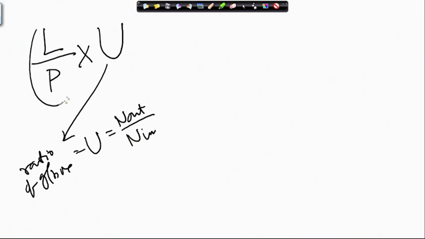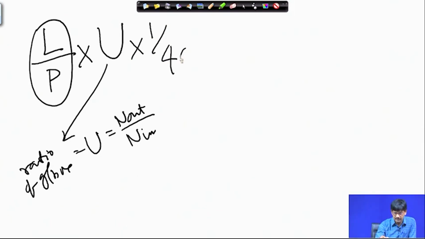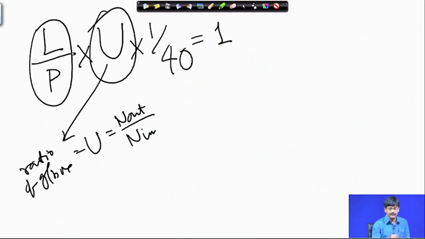This is the input. So, this multiplied by this will give you the n output. This one is multiplied by the indexing head ratio, so it reduces the RPM by a factor of 40. This must be equal to 1, and from here we will be able to find out this value. So, this calculation will tell us what should be the gear ratio for cutting a definite helix angle on the milling machine.